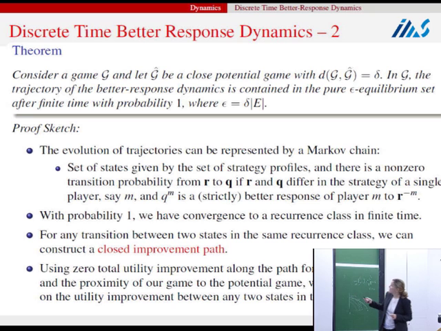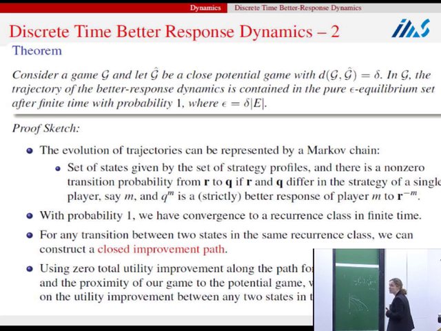In G, if you apply discrete better response dynamics in the original game, then the trajectory is contained in the pure epsilon equilibrium set after finite time with probability 1, where that epsilon is equal to delta times E, the cardinality of the set of pure strategy profiles.